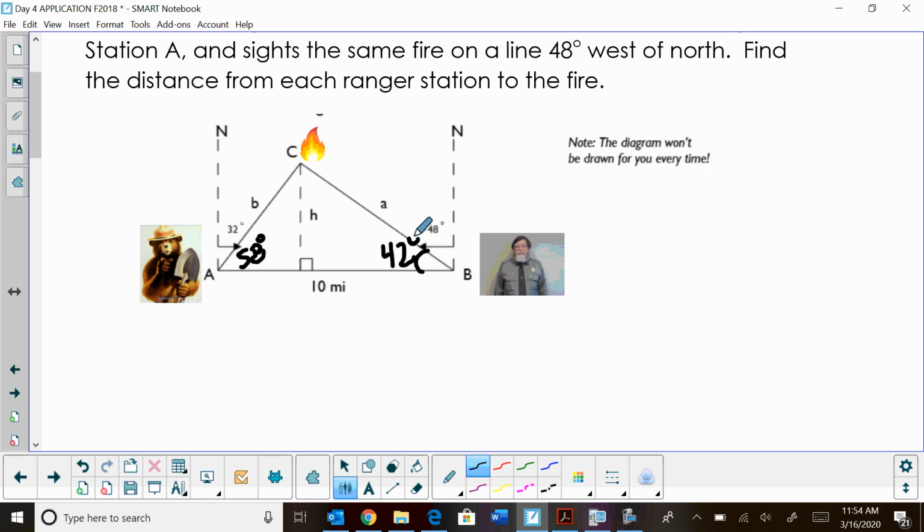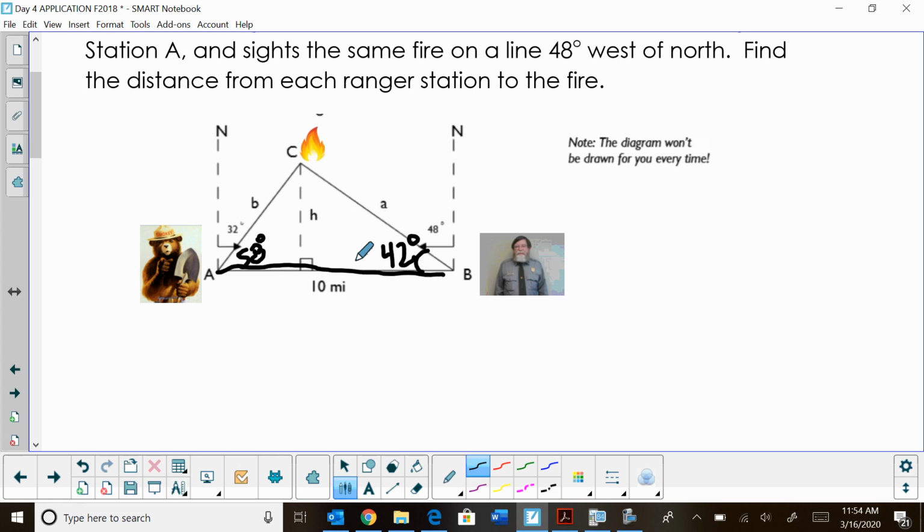Now I have the angles inside the triangle and I have this side right here of 10. I don't have the opposite side to angle A, little a, and I don't have the opposite side to B, which is little b.